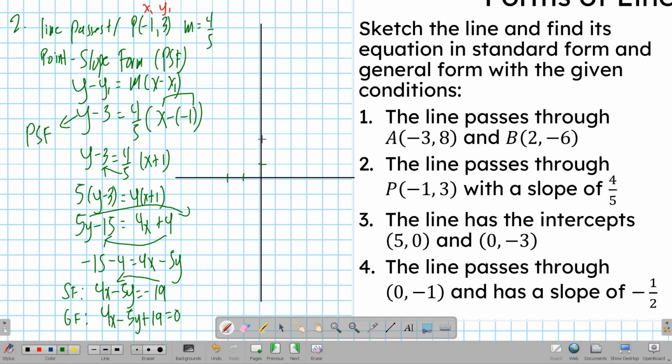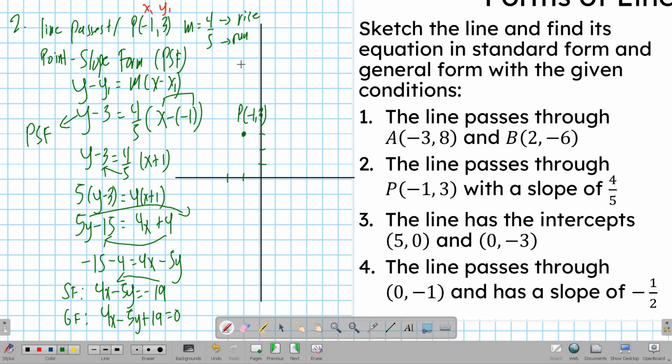Ito, pala, 1, 2, 3. So, this is point P with coordinates negative 1, 3. Now, since this is slope, alam natin na when we talked about slope before, slope would mean rise over run. Which means, this is your rise, and this is your run.